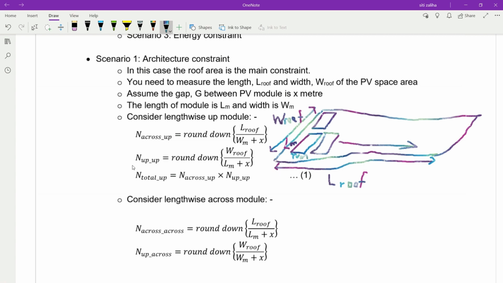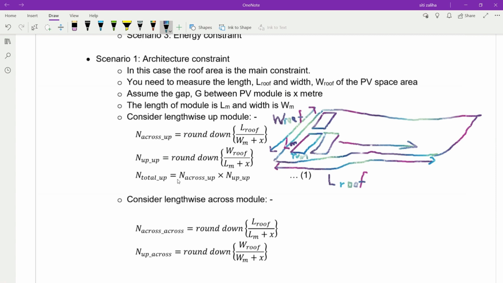Okay, next one is n up. Up means the arrangement of the PV modules going up, and the other up here is lengthwise up. So you need to round down the width of the roof divided by the length of the module plus gap. This is the gap area.